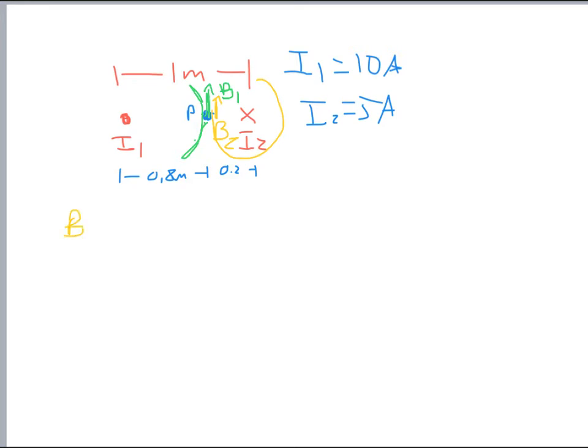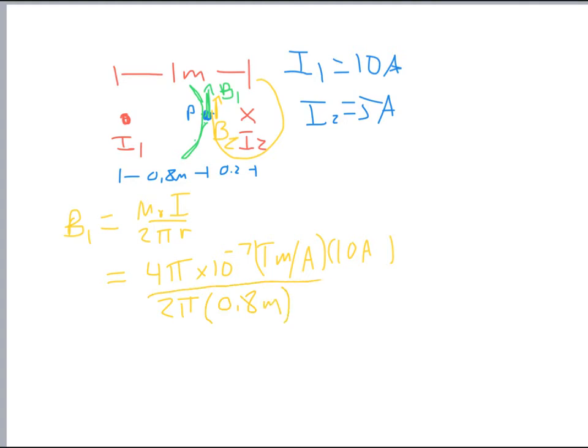So for B1, that's going to be equal to mu naught I over 2 pi r, and that's equal to 4 pi times 10 to the minus 7 Tesla meters divided by amperes, times the current, which for the left wire I1 is equal to 10 amps, divided by 2 pi times the distance between them, which is going to be 0.8 meters.